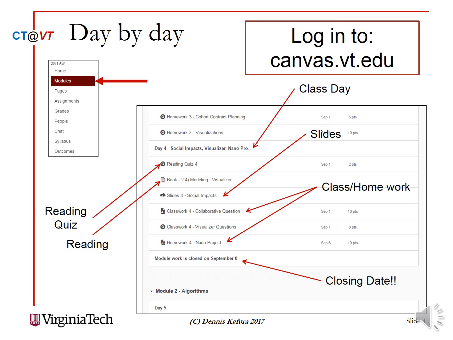Each day is part of a module, and it's important to note that of the 7 modules in the class, each of them has an associated closing date. Canvas calls this a lock date also. The importance of this date is that all the material, all of the problems and graded work for that module must be completed before the closing date.